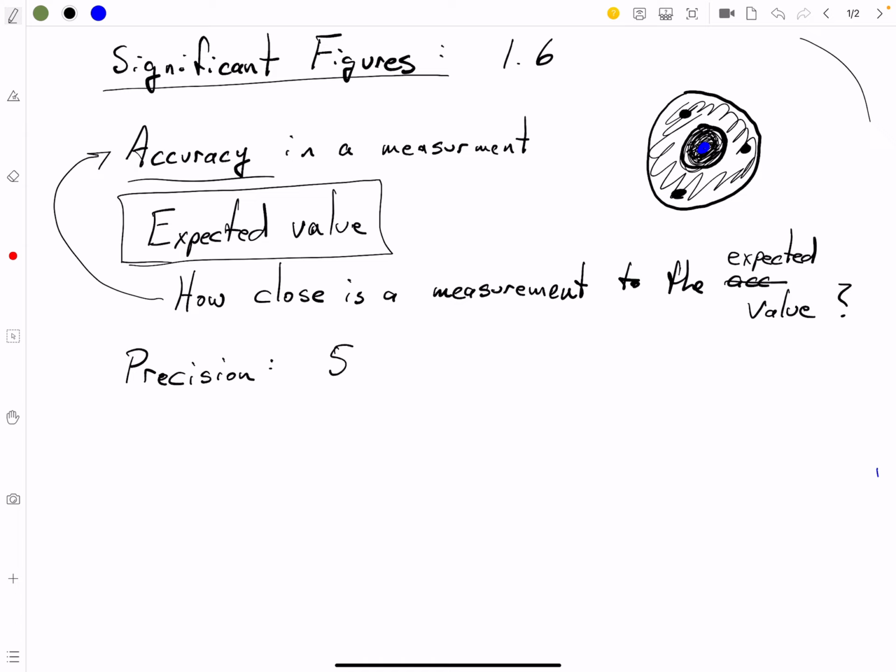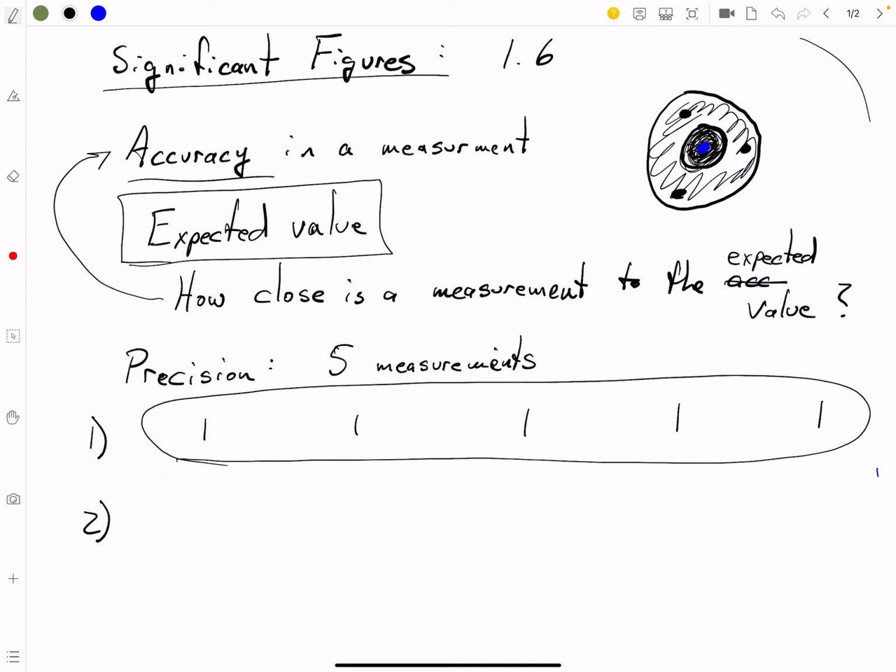Let's say we do 5 measurements. And our 5 measurements, we're going to do 2 sets. Here's our first set, here's our second set. Our first measurement is here, second here, third here, fourth here, and fifth here. Okay? This is our grouping.